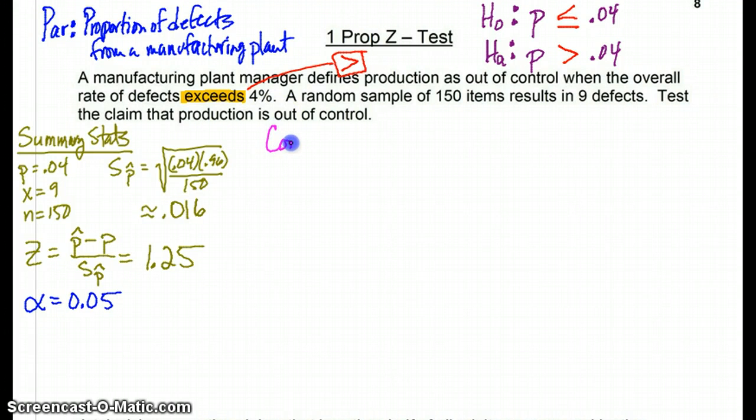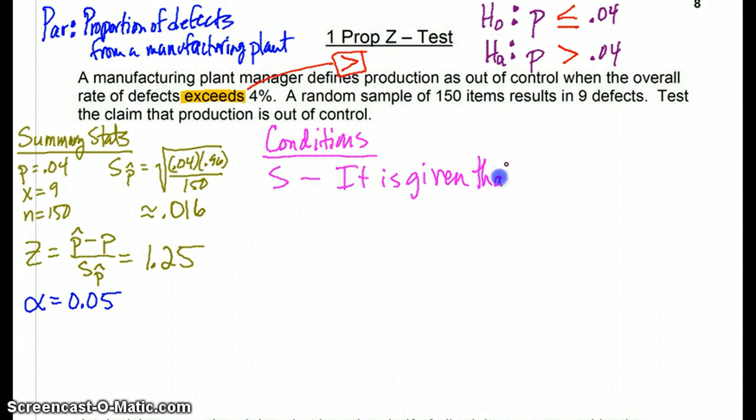Okay. First, I'm going to remember my mnemonic device, SIN, and for S, it is given that a random sample is used. Therefore, randomness is met. Okay? For I, that's independence. How do I establish independence? That's my 10% rule.